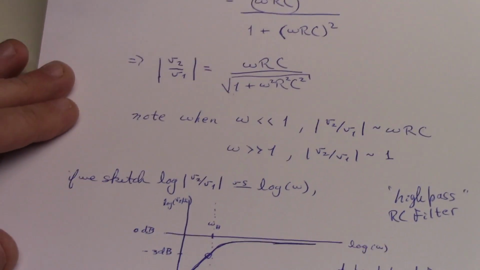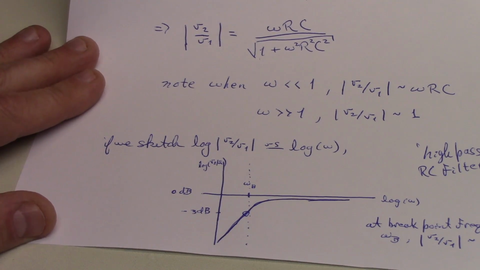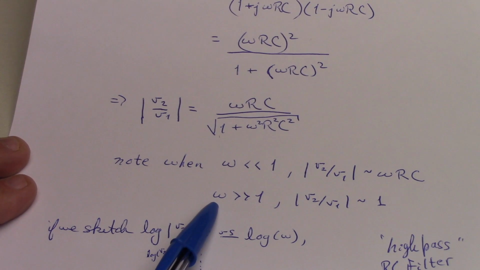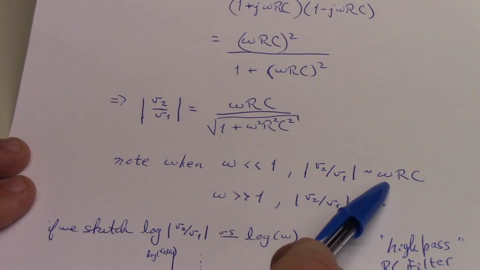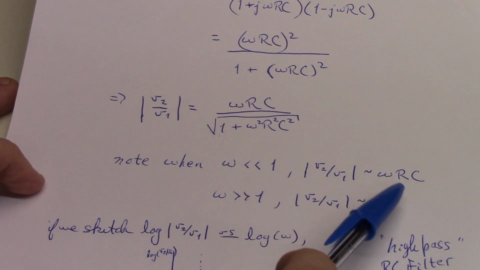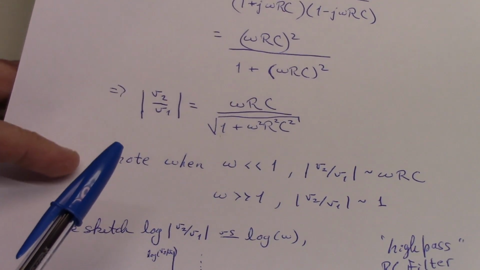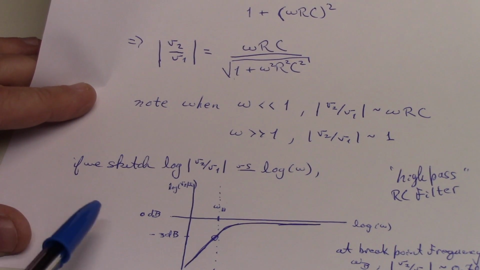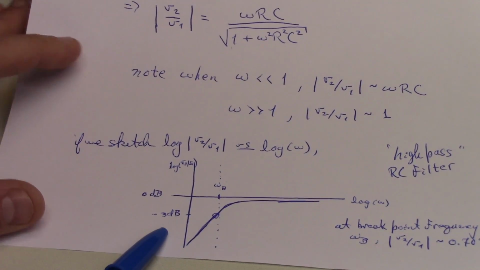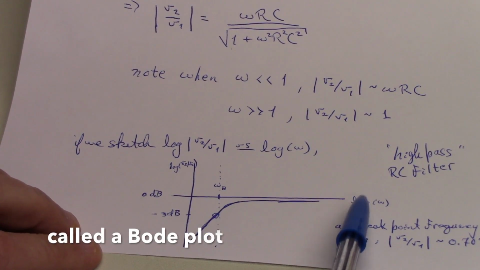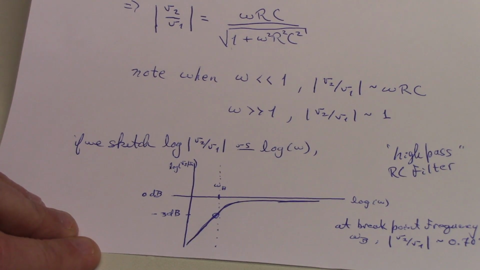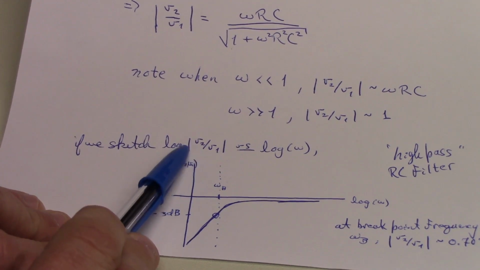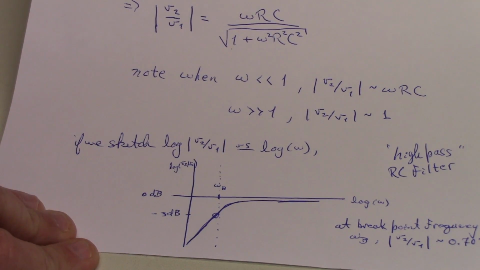So we can see now that this is a high-pass filter because we show that the gain is unity when omega is very high, and that as omega goes to 0, the gain also goes to 0. Well, the usual way of plotting this is in this sort of a plot where we have the logarithm of the frequency on the horizontal axis, and we take the logarithm of the gain, so log of the absolute value of V2 over V1.